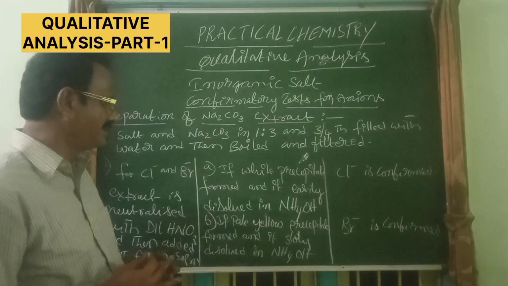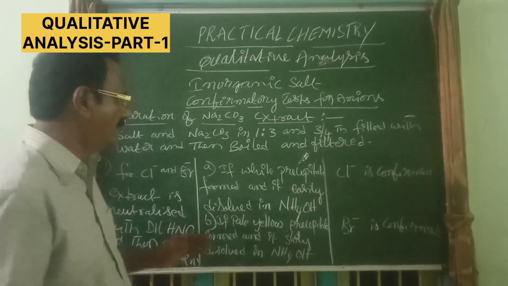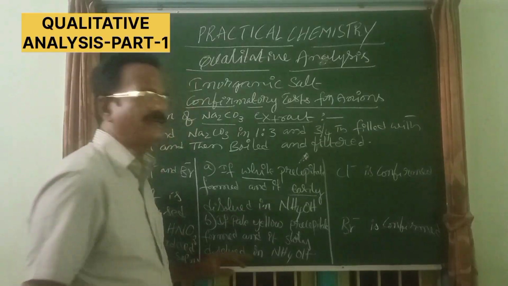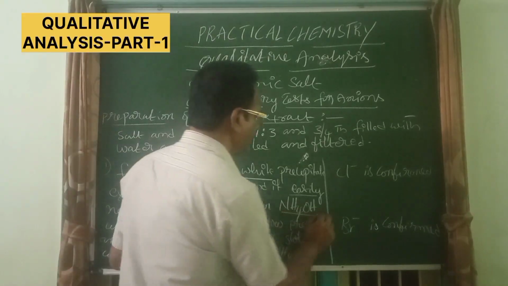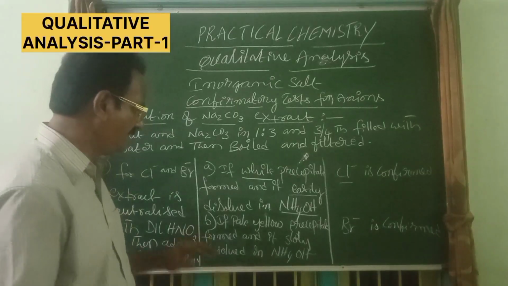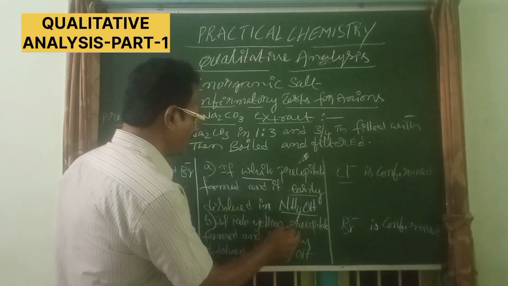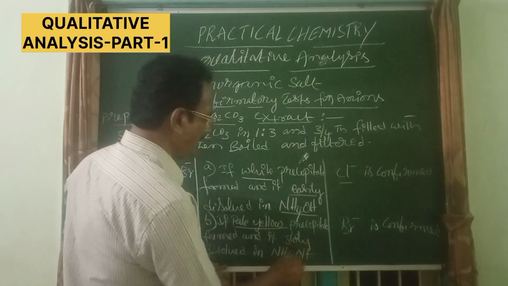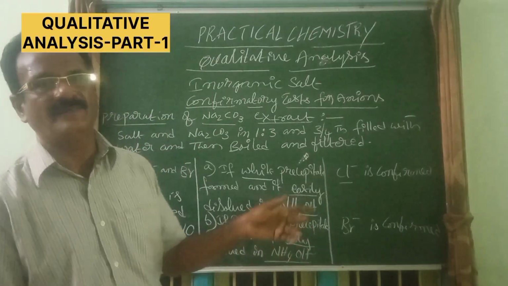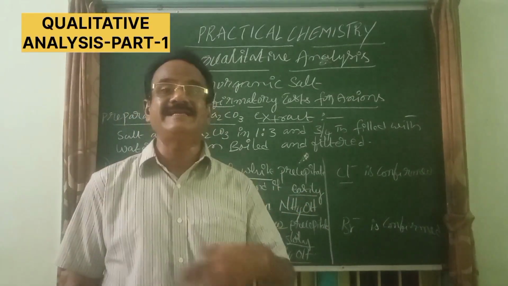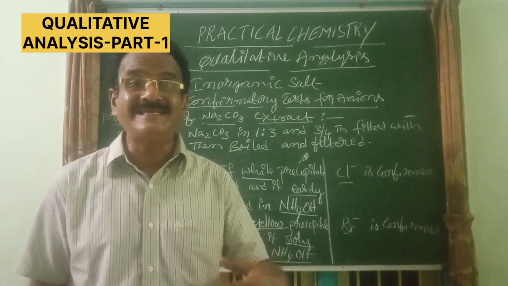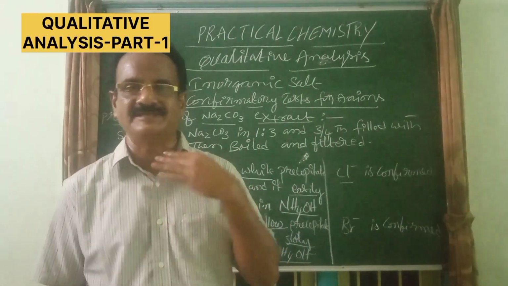So here the important thing one has to observe: white precipitate that easily or rapidly dissolves in NH4OH, then Cl minus is confirmed. If a pale yellow precipitate slowly dissolves in NH4OH, then Br minus is confirmed. If there is I minus, a yellow color precipitate will form, and it doesn't dissolve in NH4OH.